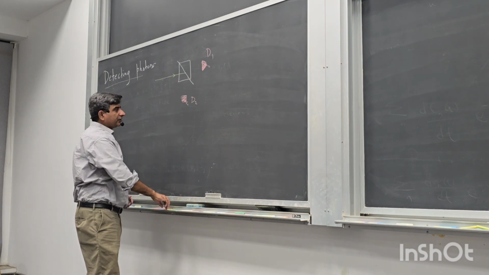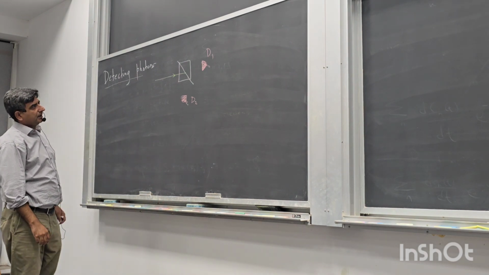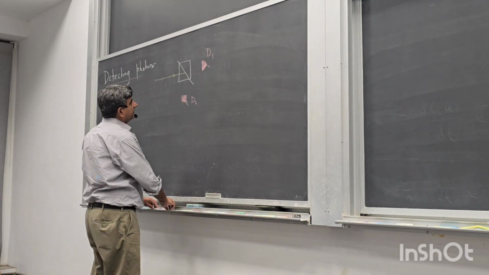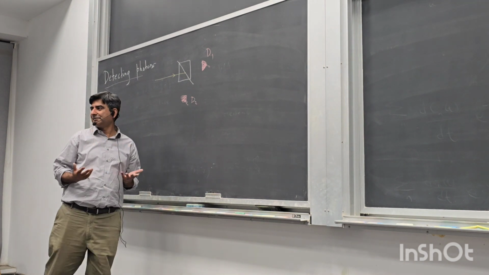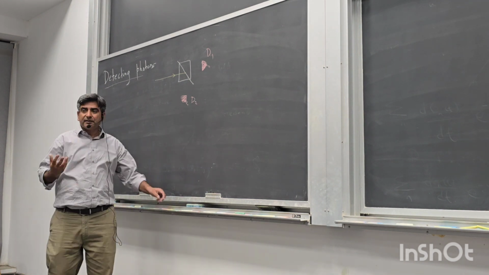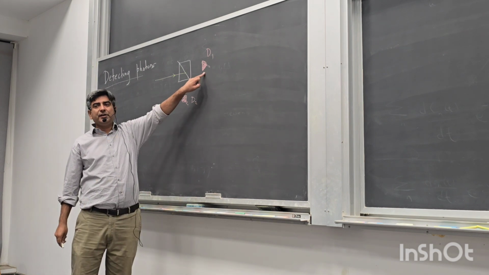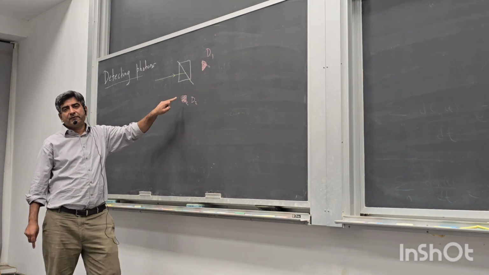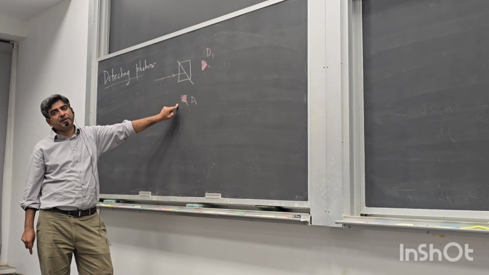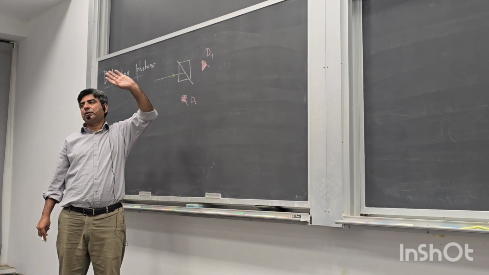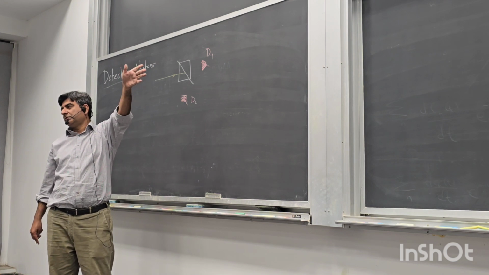Okay? So now saying that the photon is a particle, or a photon exists, is equivalent to saying that if you see this detector clicking, you will never be able to see this detector click in the same run. So once this detector clicks, the photon is annihilated, it's gone.